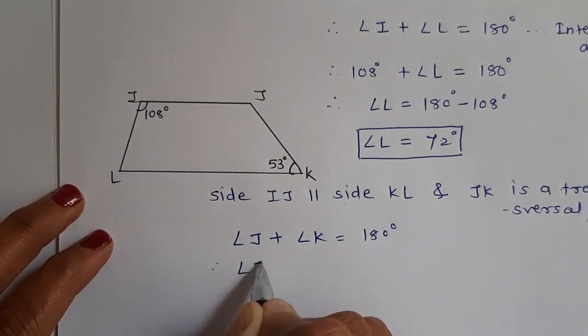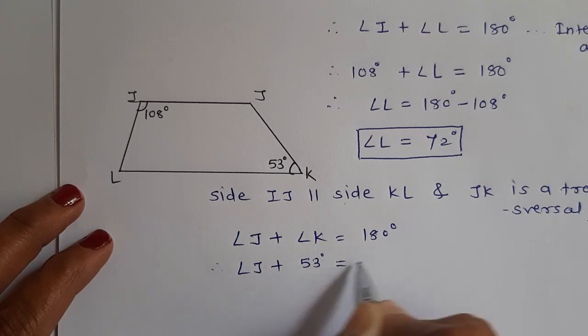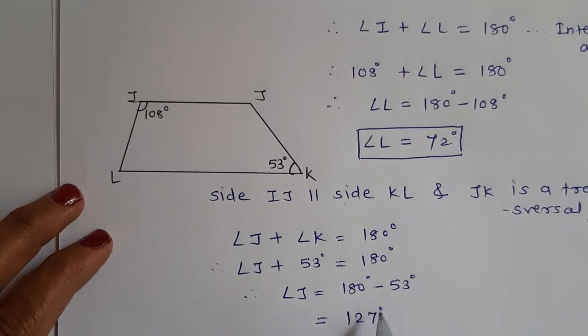Angle J we don't know, we have to find its measurement. Angle K is given as 53 degrees. Therefore angle J equals 180 degrees minus 53, which is nothing but 127. In this way we can find the measurement of angle L and angle J.